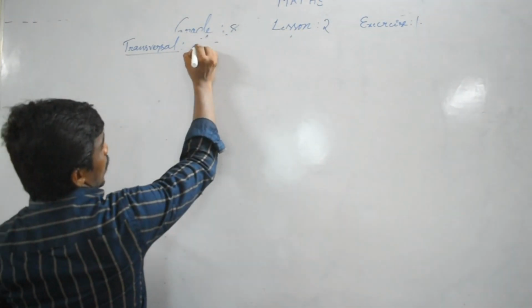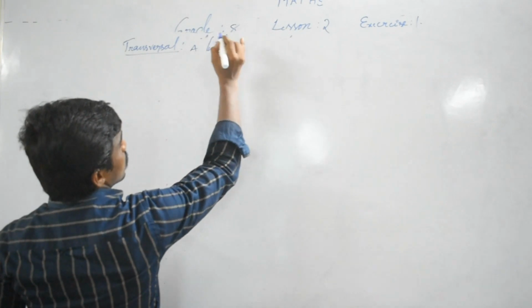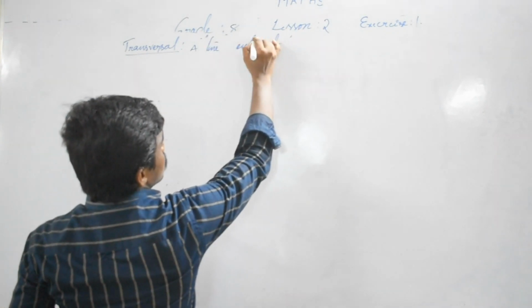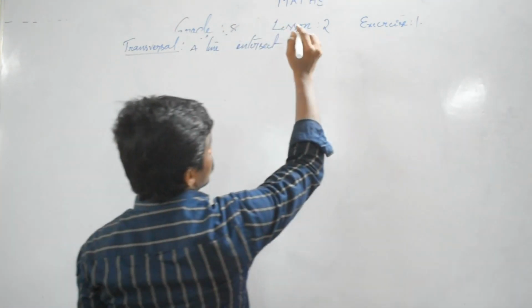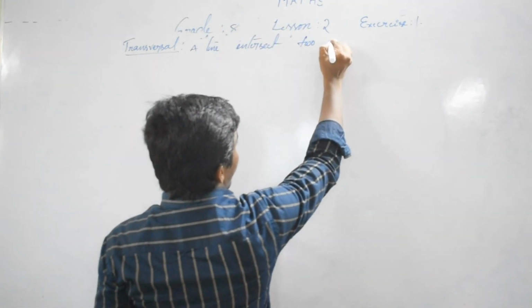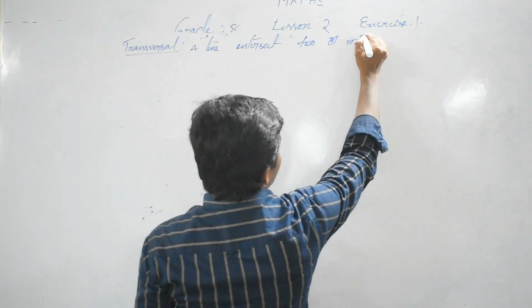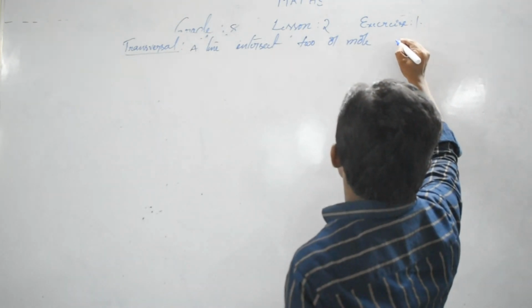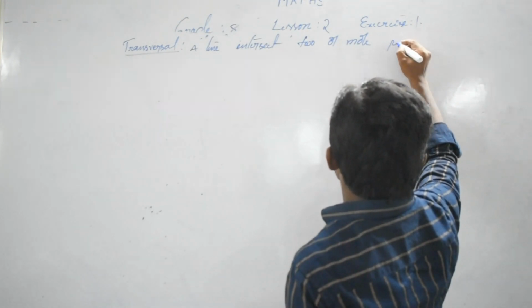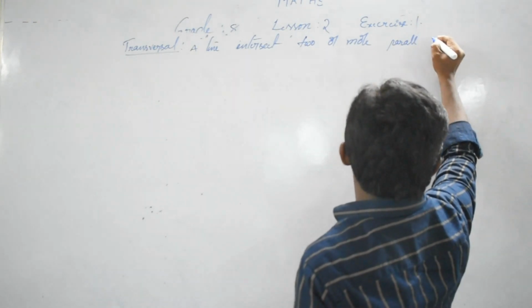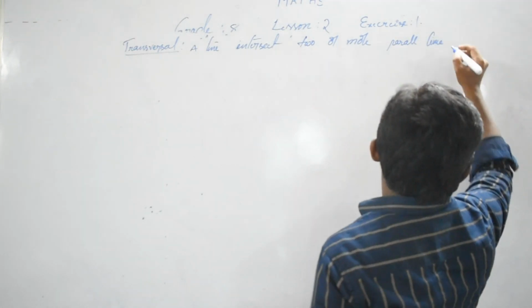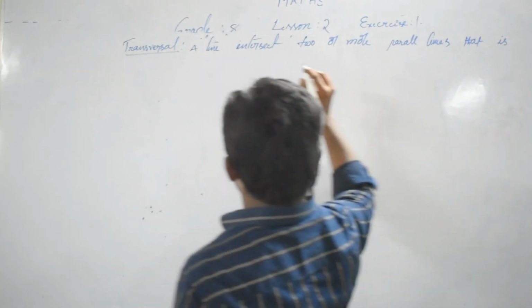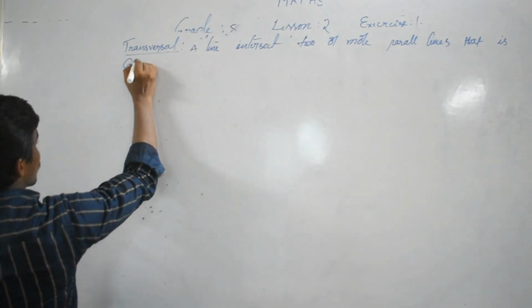Here see, a line intersects two or more parallel lines at distinct points, that is called a transversal.